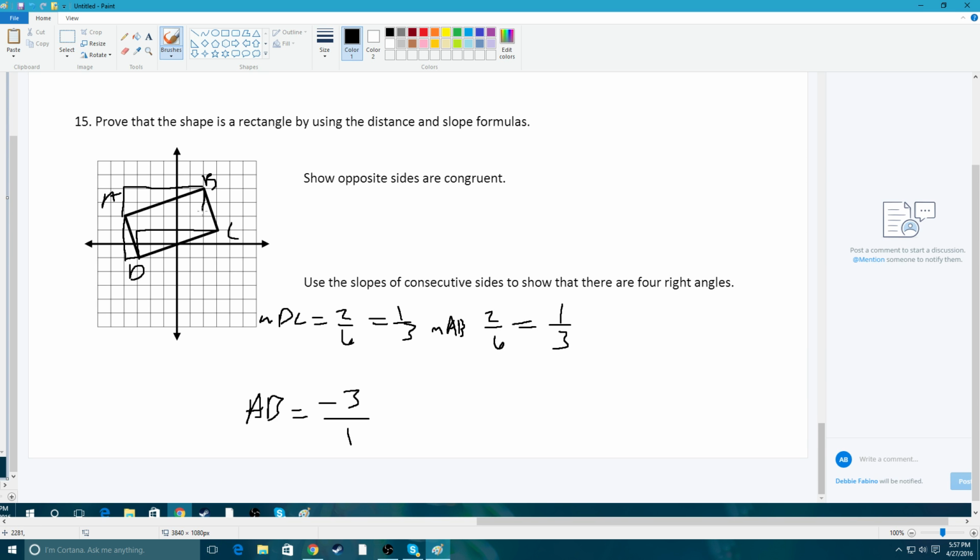B to C goes down 1, 2, 3, right 1. So down 3 over 1. And since these slopes are what you call opposite reciprocals, they're flip-flopped, that shows that there are 4 right angles.